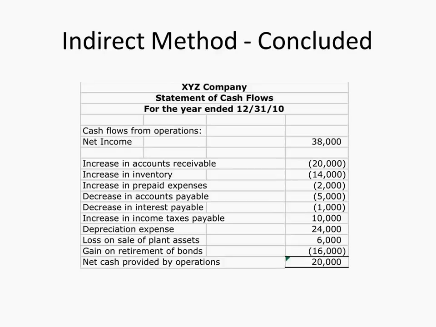So if you sell something for $80,000 that had a basis of $90,000, okay? The asset comes off your books at $90,000.